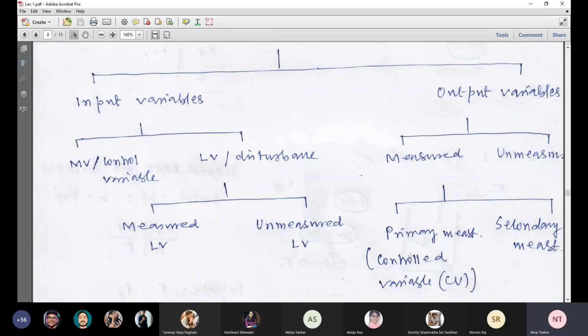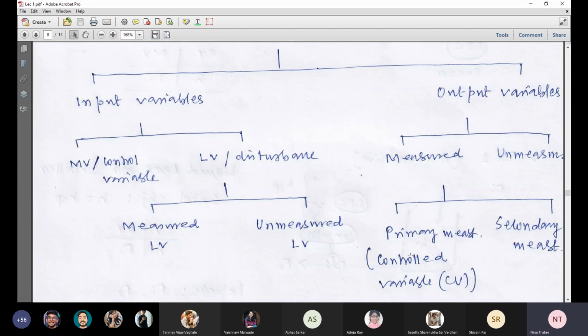So what I want to mention here is that from today onward, from the next discussion onwards, we'll use these variables exclusively. We'll discuss this process control content from now onwards with the use of these variables.